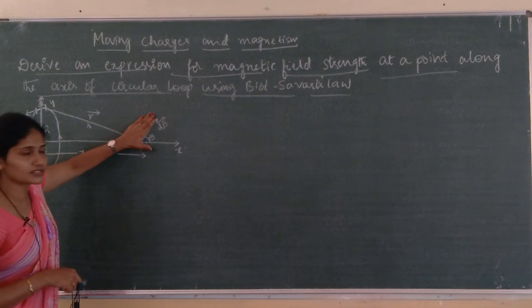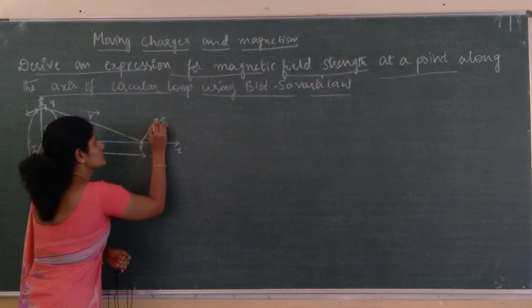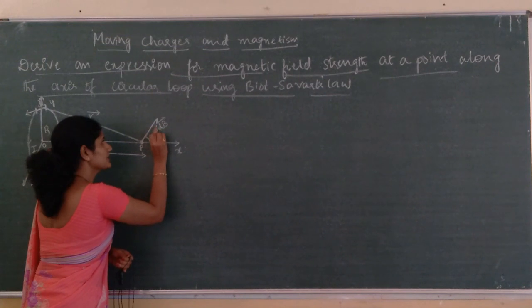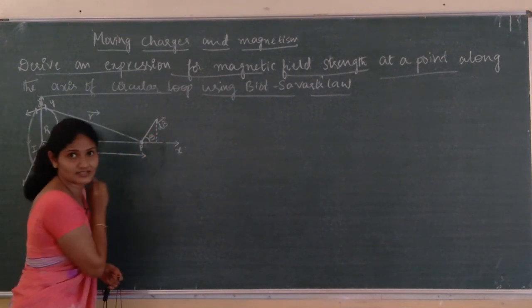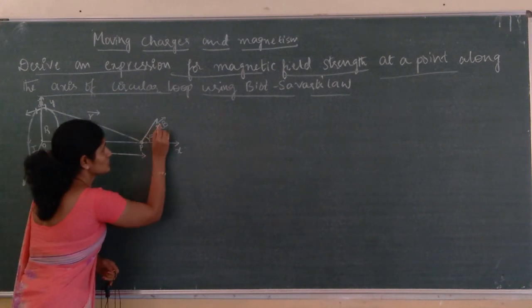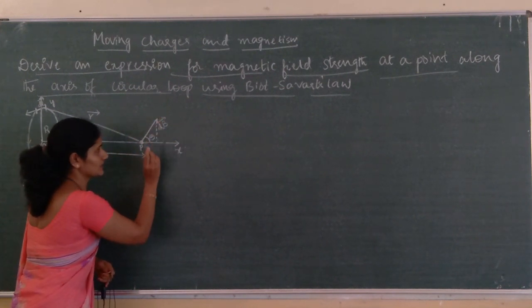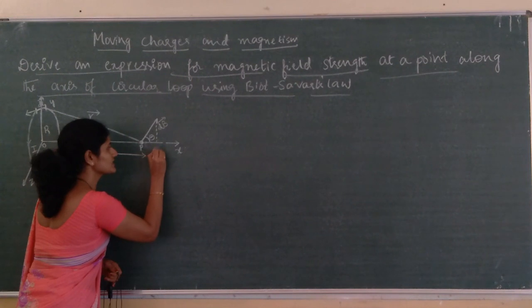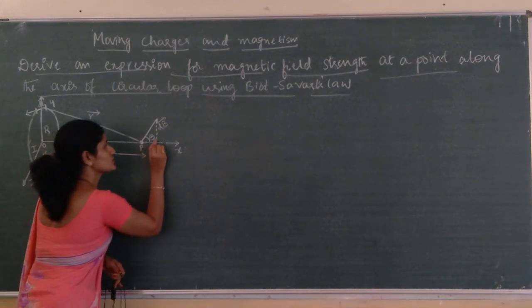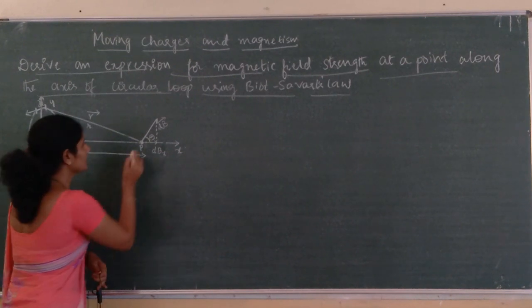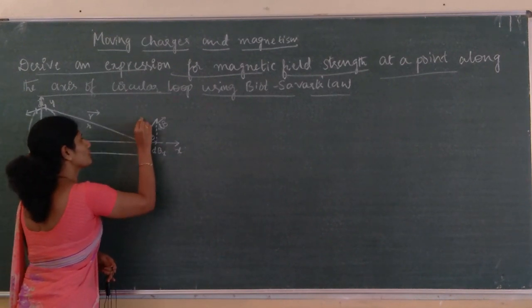How to resolve this? On resolving, one component is along the x axis. The component of the dB vector along the x axis is dBx. Similarly we have a perpendicular component.